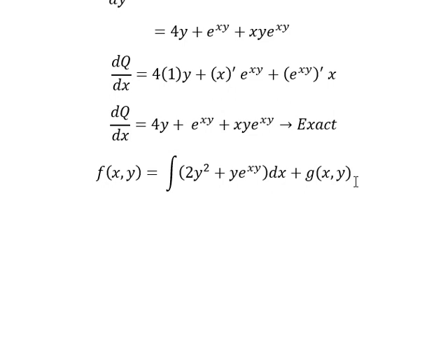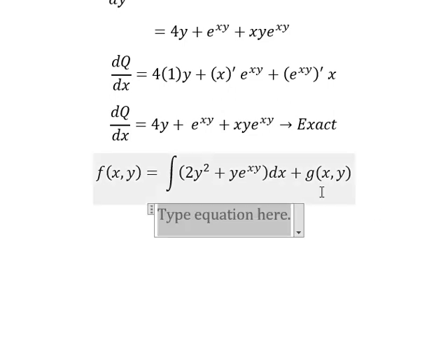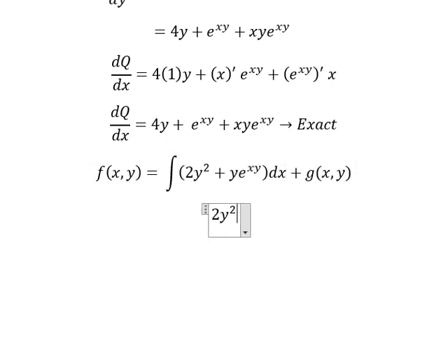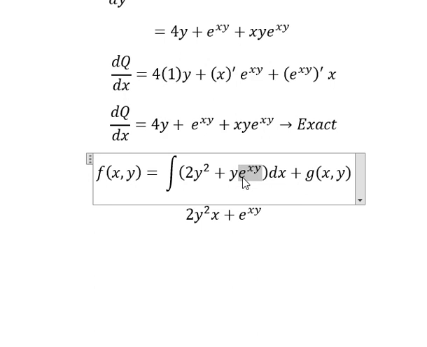So the integration of 2y squared, we just have only s because we just have the s. This one, that is about e to the power of sy, because if we do this integration, we have e to the power of sy over y. That's why we have y in here. They simplified.